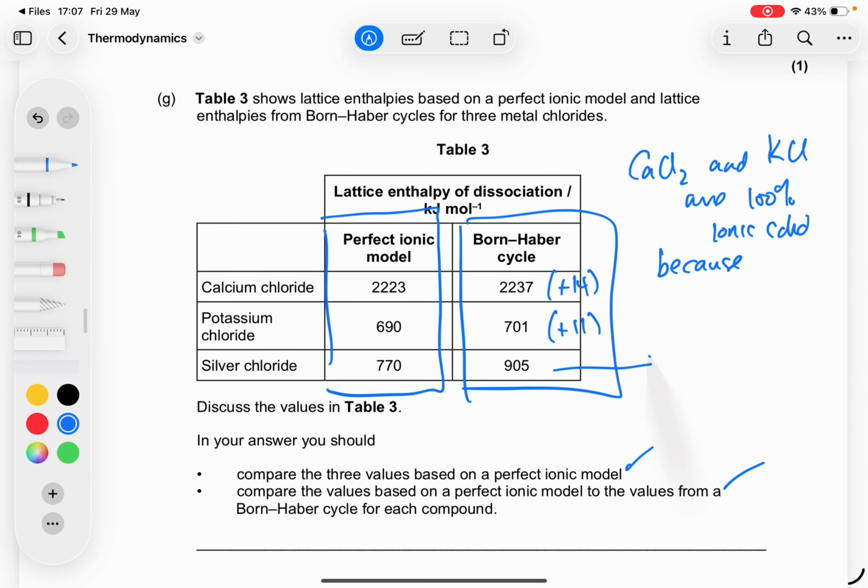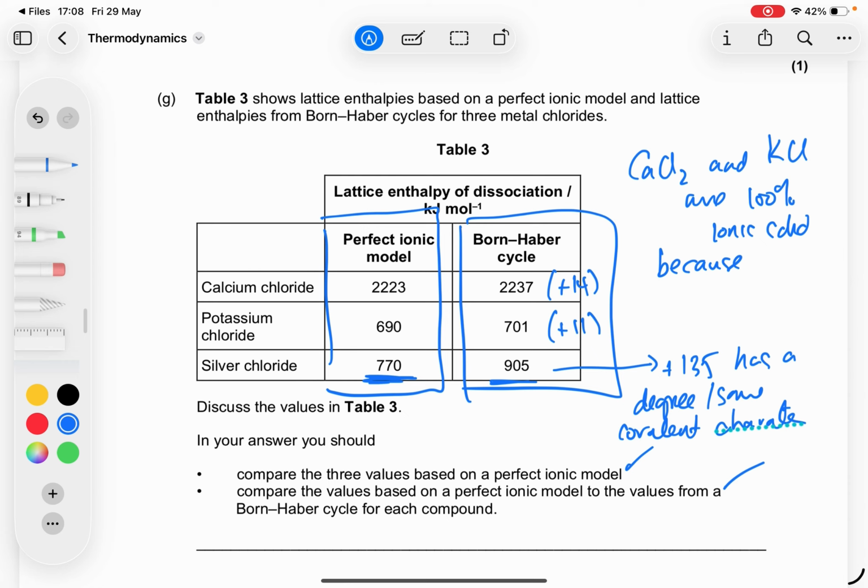Whereas for silver chloride, your difference is over 100, about 135 difference. So I'll say calcium chloride and potassium chloride are 100% ionic, and the reason is because there is very little difference between the 2 values. Whereas silver chloride has some covalent character. The reason, because there is a large difference between the perfect ionic model value and the Born-Haber cycle value.